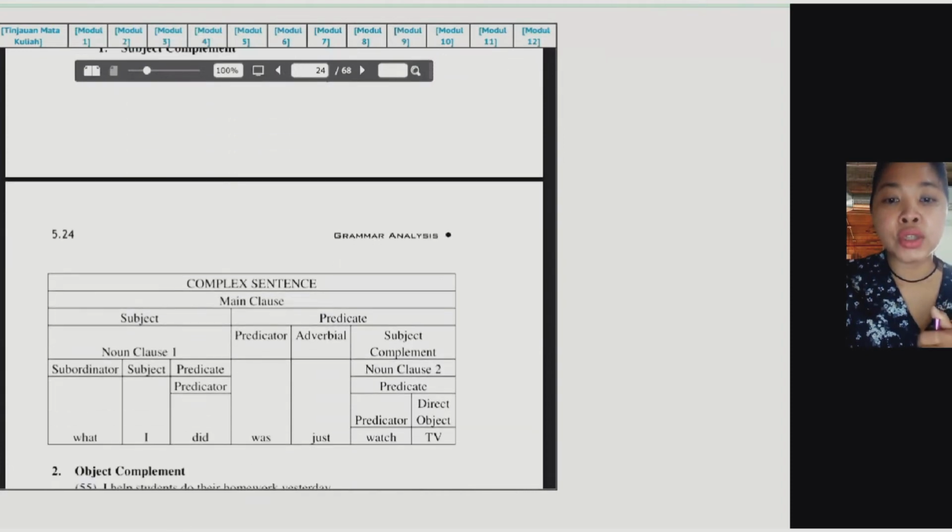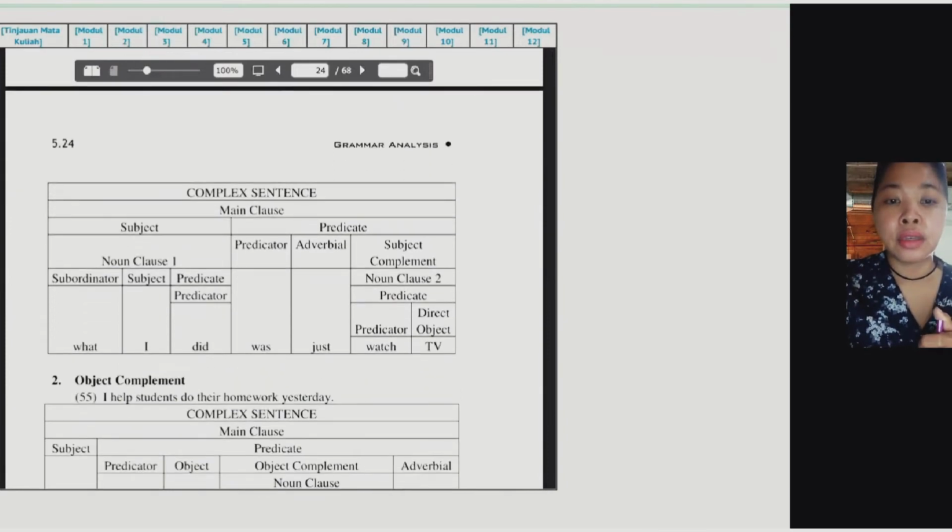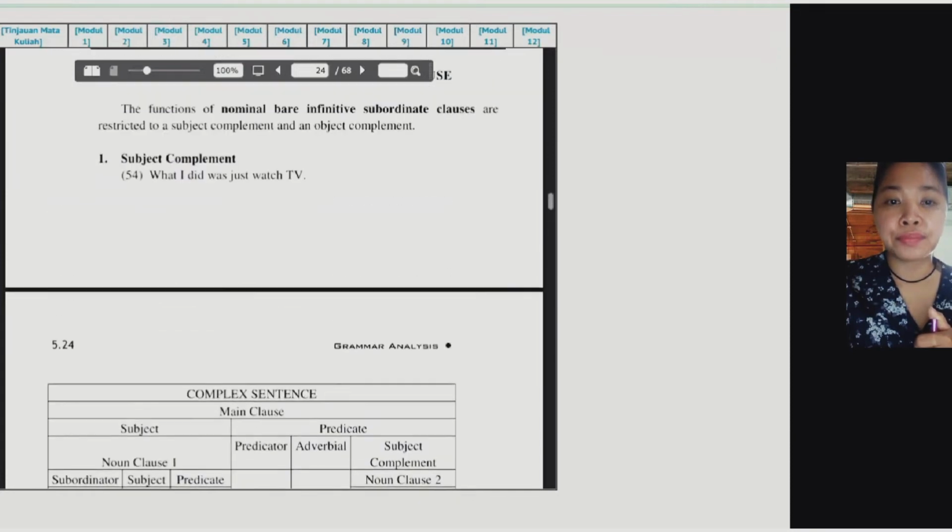So the noun clause is what I did, and then was just watch TV.